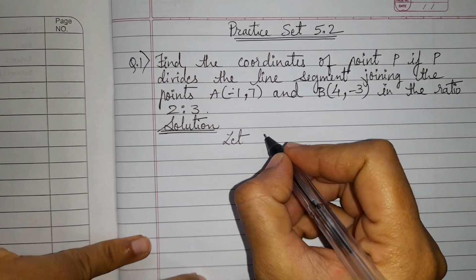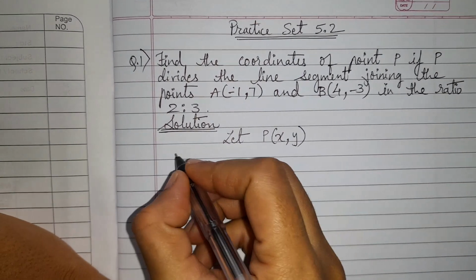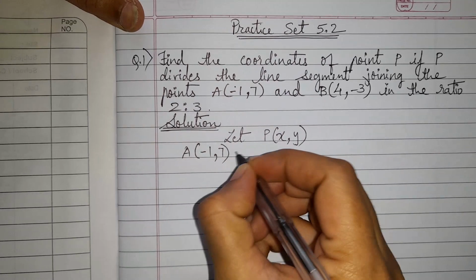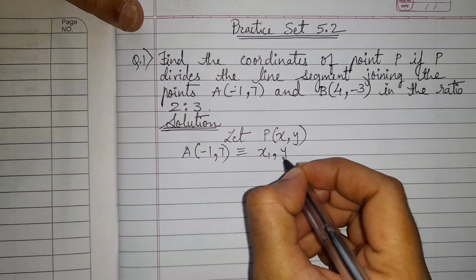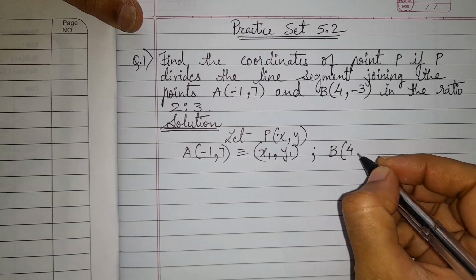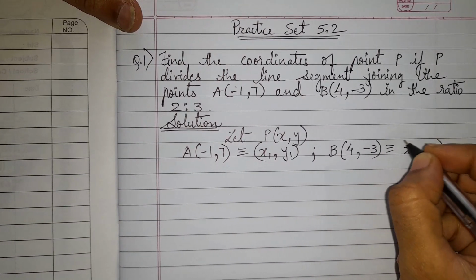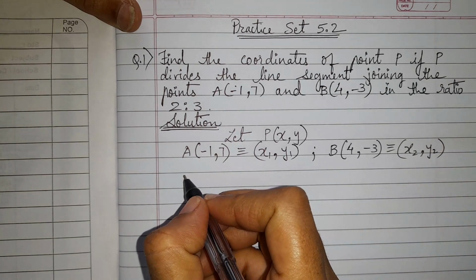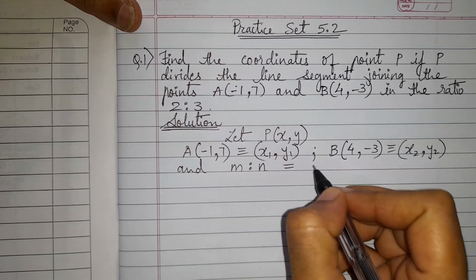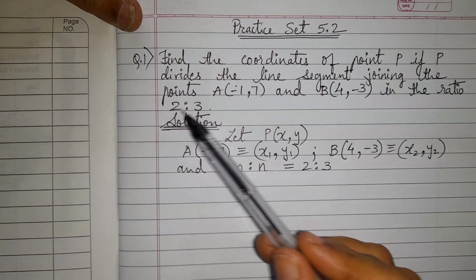Let the coordinates of point P be x, y, and the coordinates of point A be x1, y1, and the coordinates of point B be x2, y2, and m is to n equals 2 is to 3, because point P is dividing the segment in the ratio 2 is to 3.